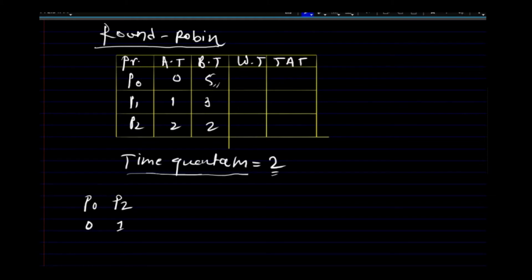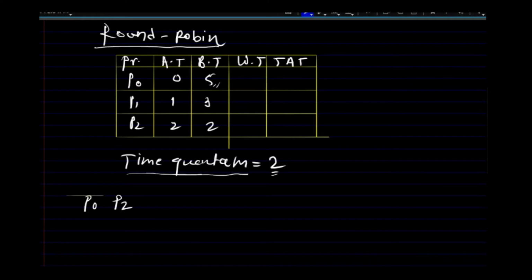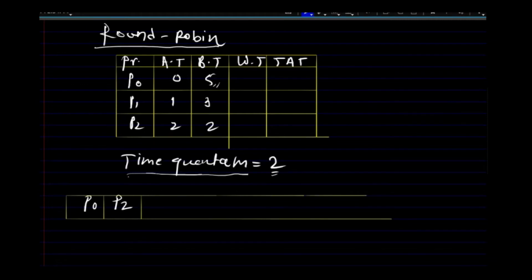Or let us draw this with the help of the Gantt chart. Okay, so P0 is executed from 0 to 1 and from 1 to 2, P0.